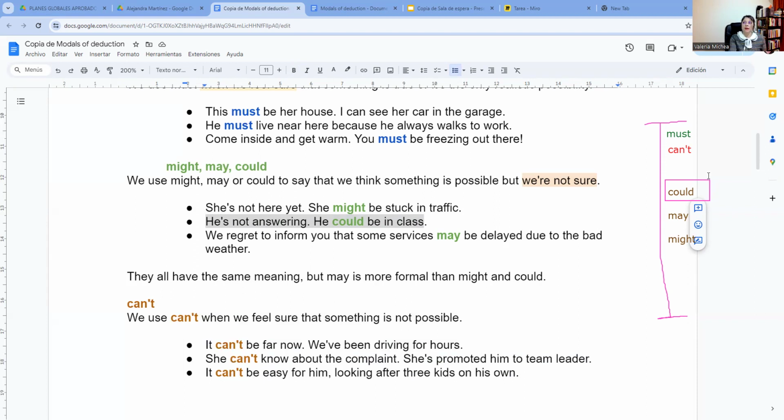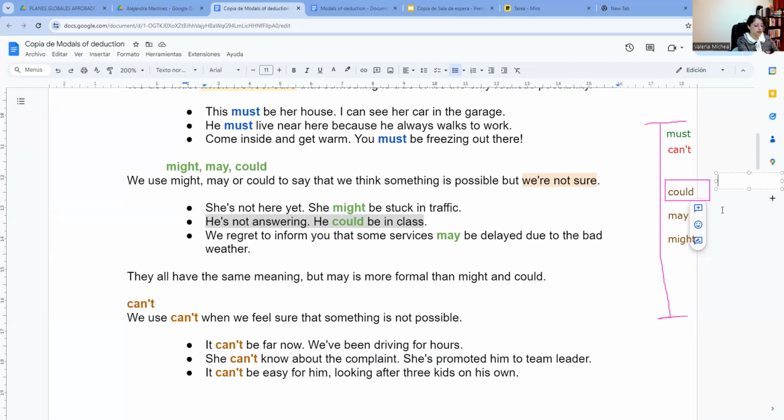May and might could work in the negative form. You only need to be very careful about what you're saying. I would recommend that if you want to use the negative form, go for can't, because it's less confusing. But may and might could be used in the negative form.